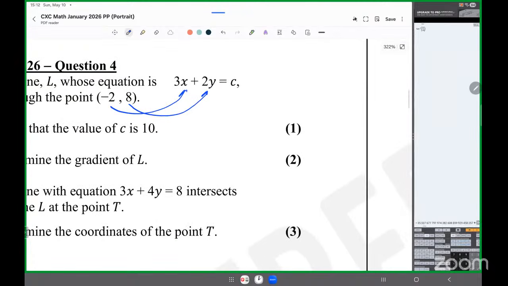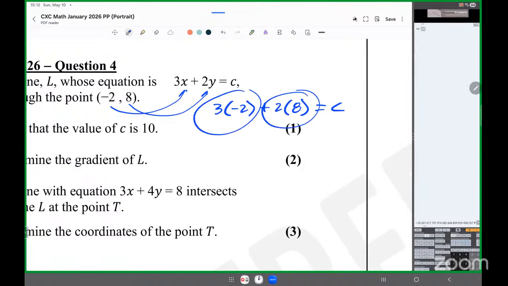So it's going to become 3 times negative 2 plus 2 times 8 equals C. The point is on the line, so it satisfies the equation of the line. You can substitute the coordinates of the point into the equation of the line, and whatever you get will be true. So this works out to be 16 minus 6, doesn't it?